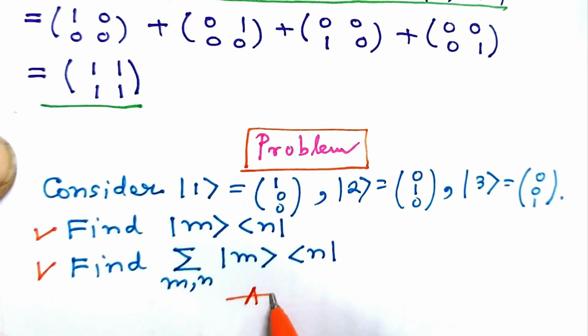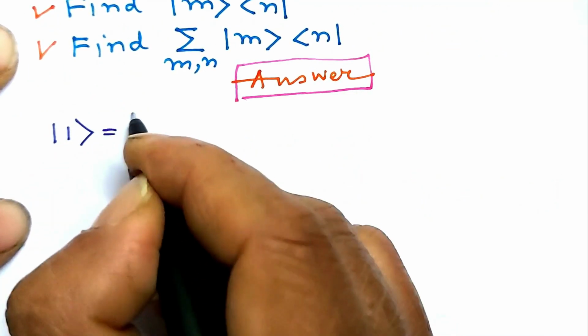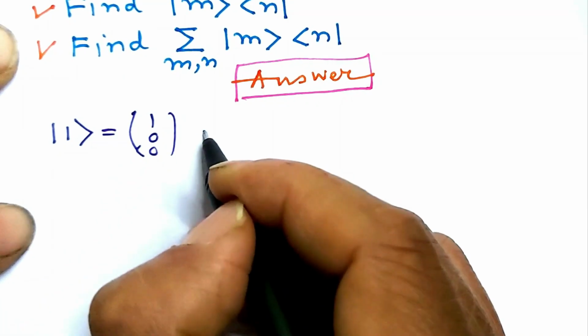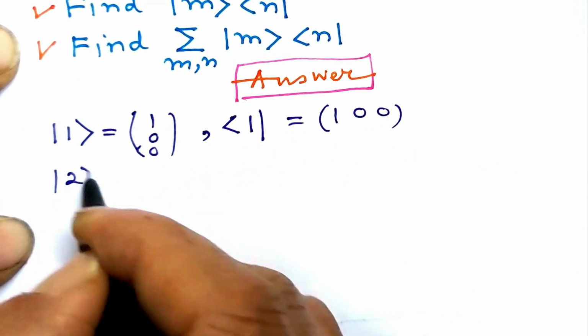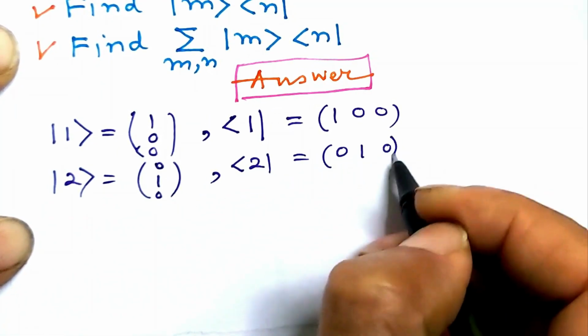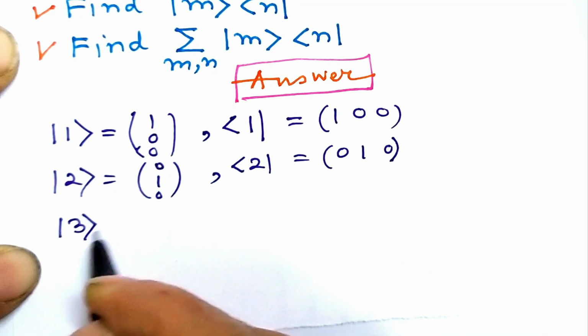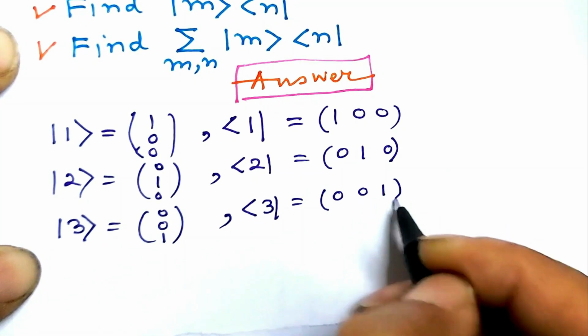The answer is, ket 1 is, so bra 1 is the row 1, 0, 0. Ket 2 is, so bra 2 is the row 0, 1, 0. Ket 3 is, so bra 3 is the row 0, 0, 1.